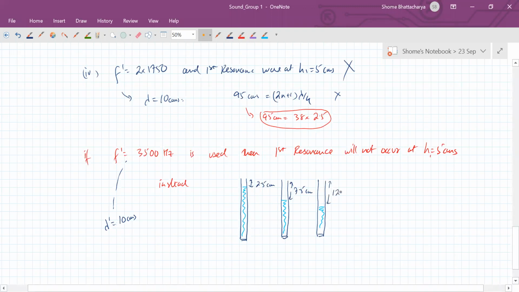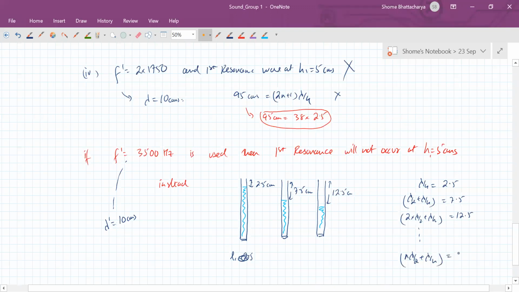So this will become 12.5 centimeters. Like that, you have the possible lengths. Lambda by 4 is 2.5. So lambda by 2 plus lambda by 4 is 7.5. Then 2 times lambda by 2 plus lambda by 4 is 12.5, and like that it is n lambda by 2 plus lambda by 4.